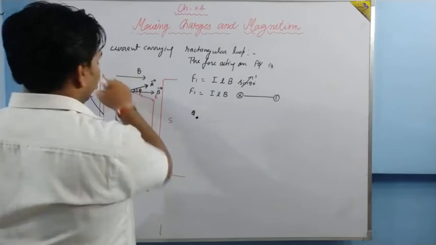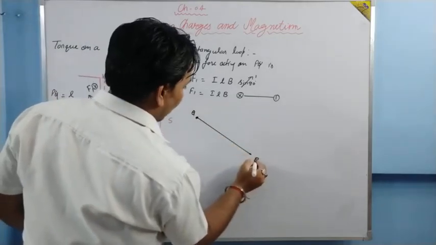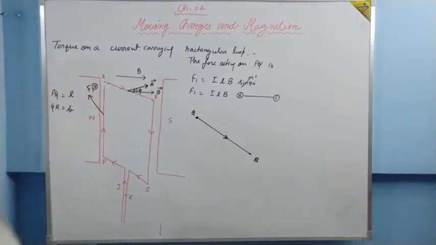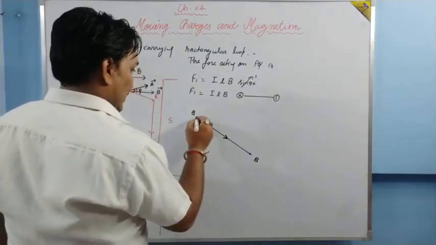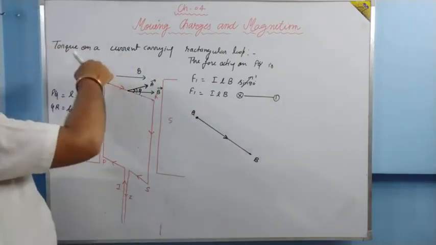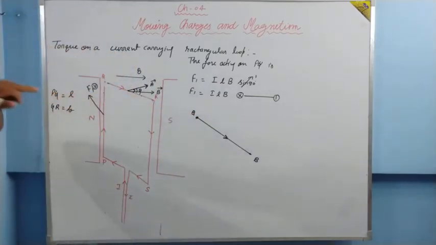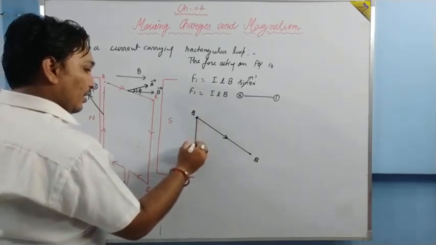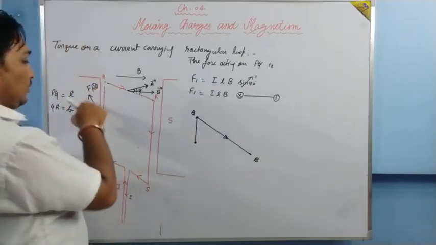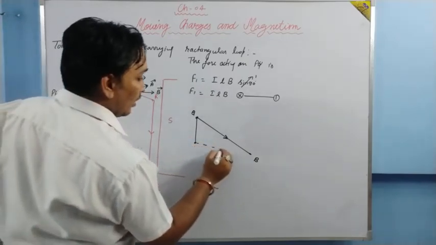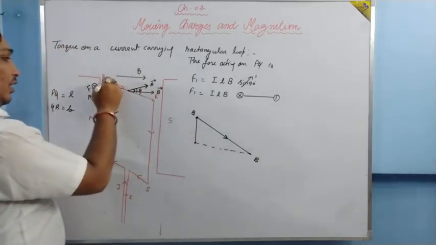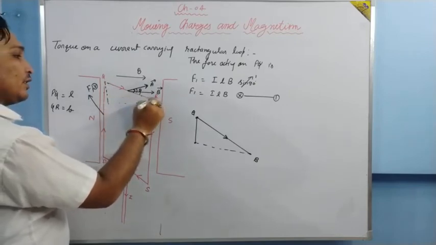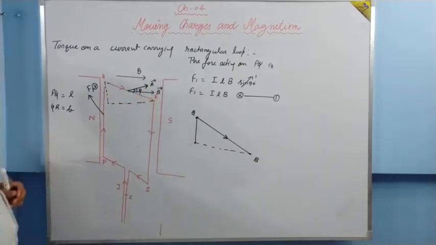This is your Q, this is your R. Current is flowing in this direction, right? Now, the direction of force, from the top if we see, then F1 will be inward. So somewhere here, that force F1 is there. Let me make this figure, if you are able to understand.